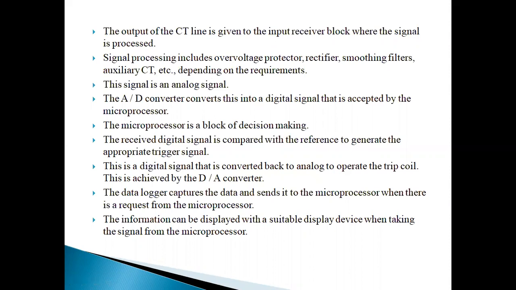Then this signal is analog, so it is converted into digital, and then this microprocessor is a decision making block. Then simply it compares the value of fault current, or any actuating quantity.